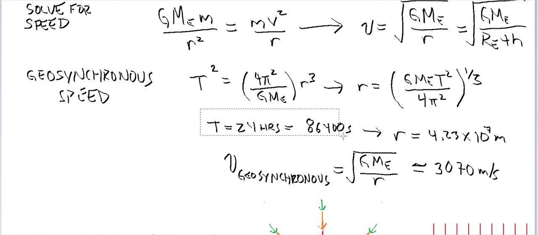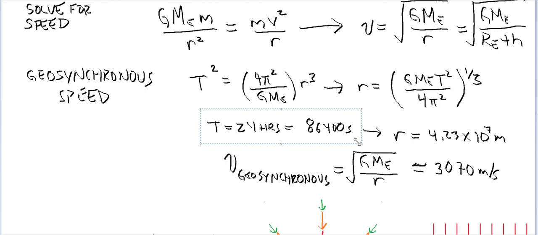We're going to plug in. In order for the satellite to always appear at the same point in the sky, it has to complete one lap in the same amount of time it takes for Earth to spin around on its axis once. And so it has to complete one lap in 24 hours so that it is just keeping pace with a point on the Earth's surface as the Earth spins.